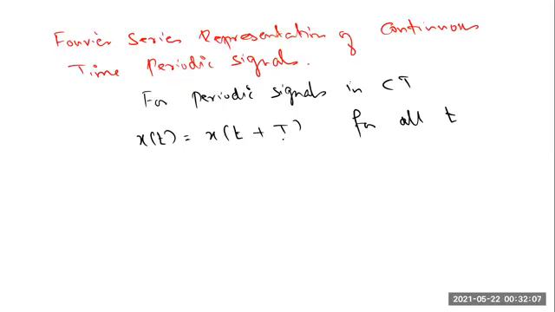So when we say a signal is periodic, we usually talk about the fundamental period of the signal, which is the smallest value of this.